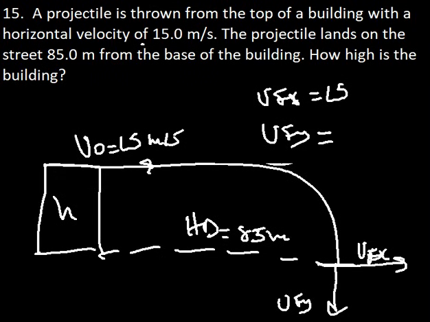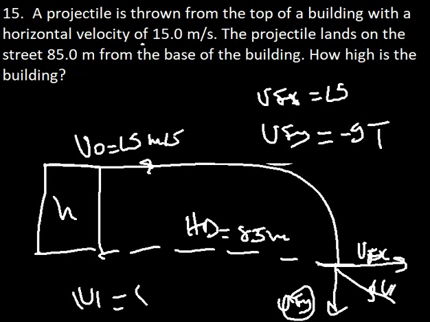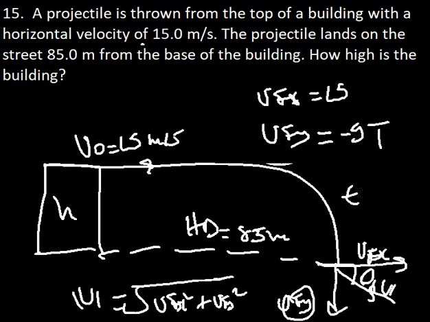We already talked about it, given as negative g t. Since we have the total time, we'll substitute it. Then we're looking for the landing speed, which is the square root of vfx squared plus vfy squared. And the direction we also have as tan theta equal to vfy over vfx.